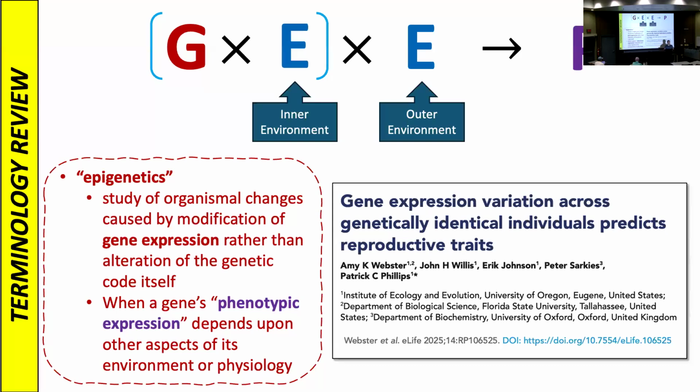And so that's an example of an epigenetic modification, where it's not explained by the genes, it's explained by non-genetic factors. Those are generally going to be something that comes into the individual, but it could be something outside of the individual.